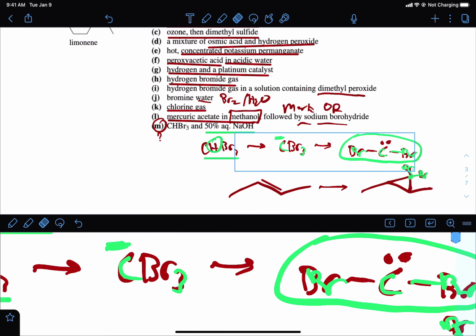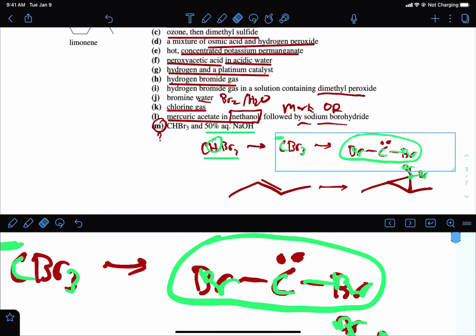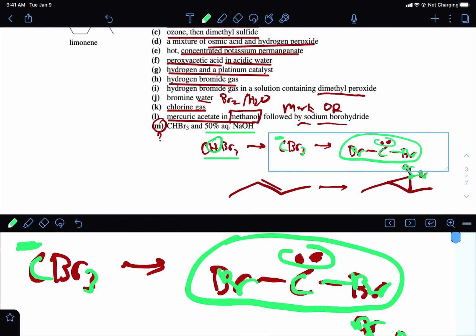And then one of the bromines falls off and leaves its electrons behind on the carbon. All right, so that's carbene formation.